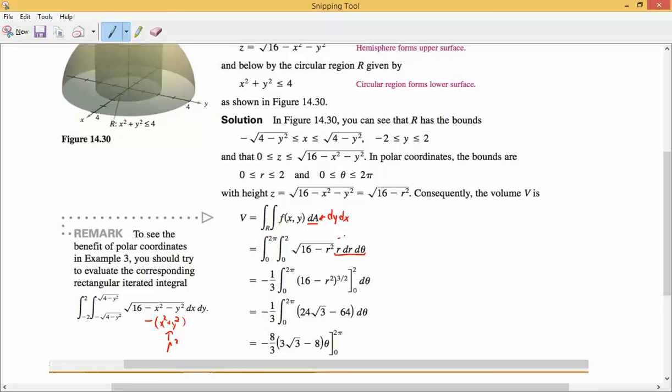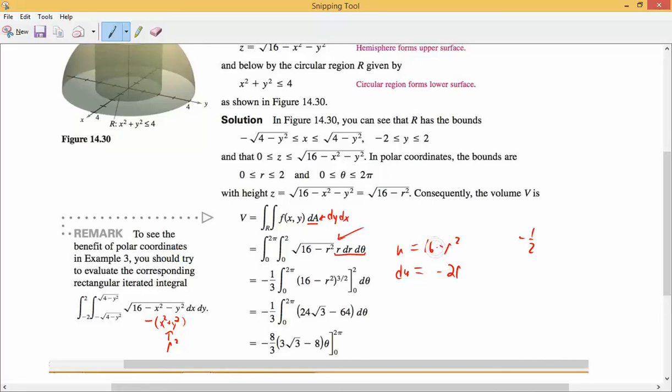If this r wasn't out here, this integral becomes a lot more complicated. Because when you integrate, your u is equal to 16 minus r squared, so your du is equal to negative 2r. So you have to bring out a negative 1/2.